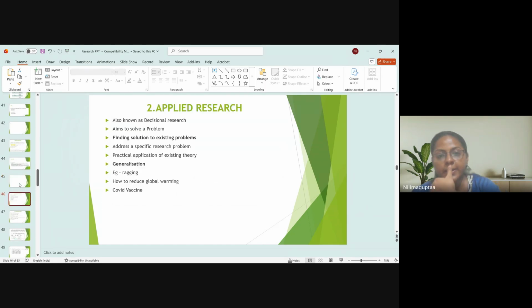Moving forward, then we have applied research. Now, basic research has to deal with only creating the theory. Applied research is where the theories we have made in our basic research, we will be applying in this applied research. That is why this research is also called decisional research.